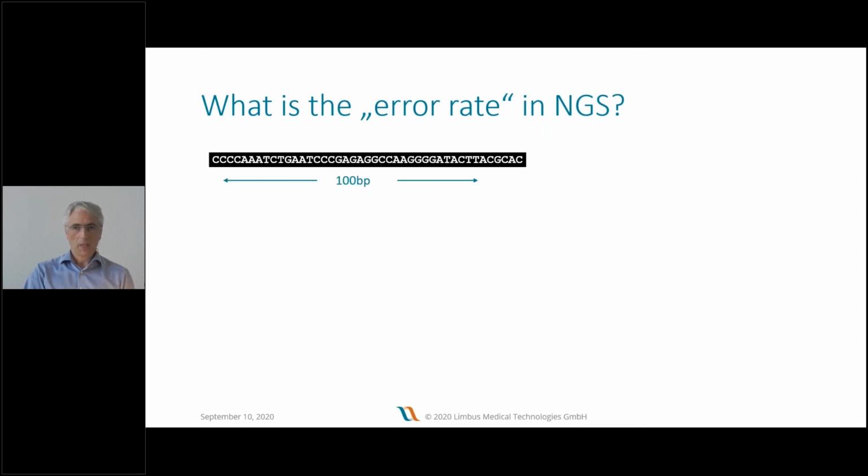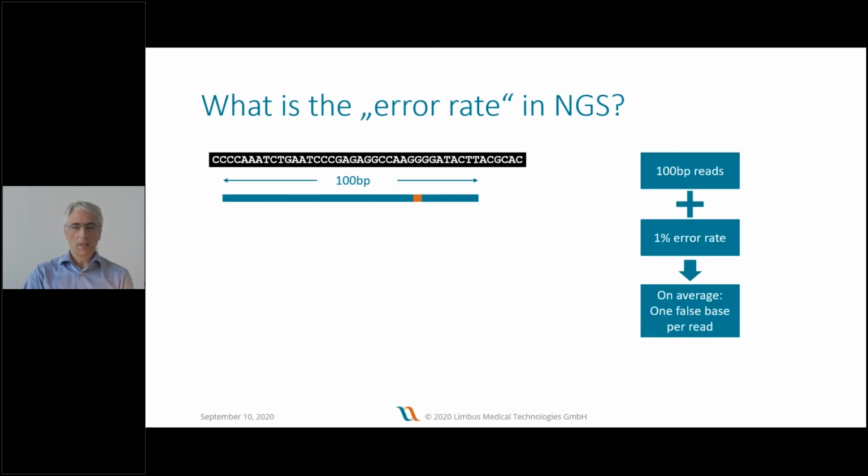If you're sequencing 100 base pair long stretches of DNA with your instrument, and the instrument is making mistakes by calling single bases, and your read length is 100 base pairs and your error rate is about 1%, you can expect on average that one base in every read is false.